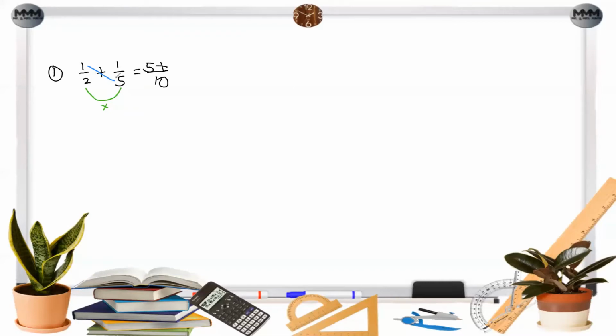Then plus, because we have addition here, we have 1 times 2, which is 2. So our final answer is 7/10.